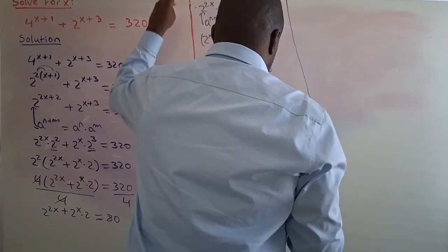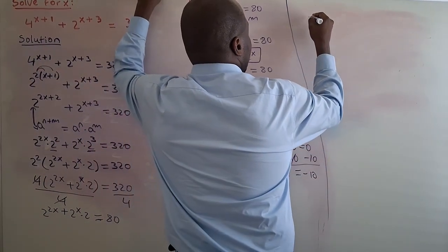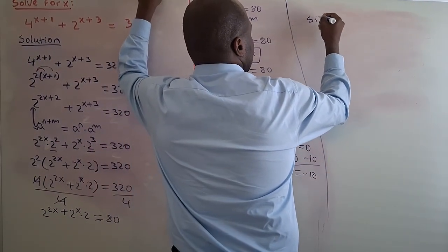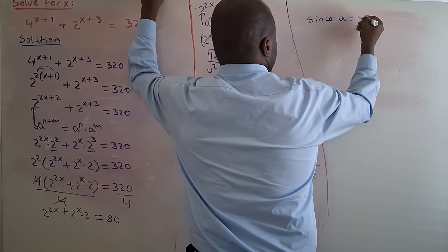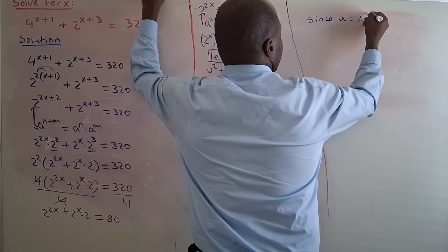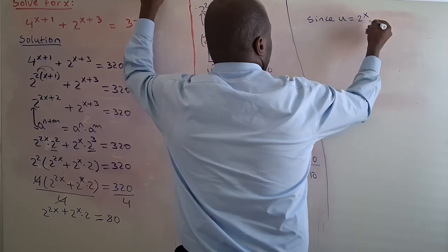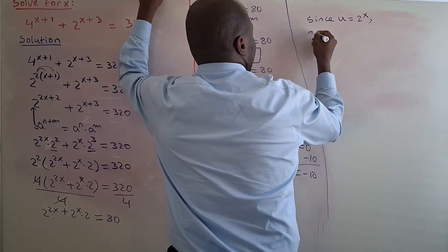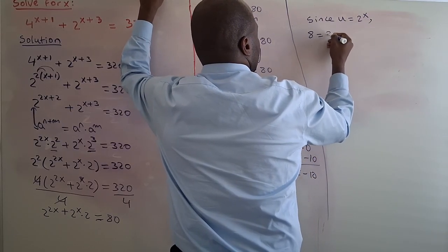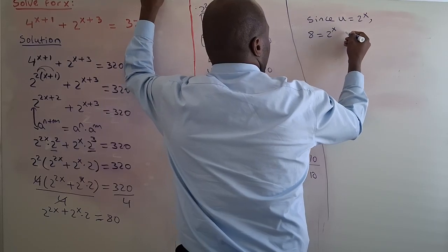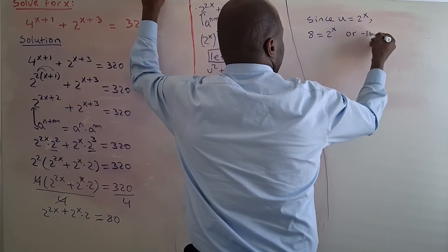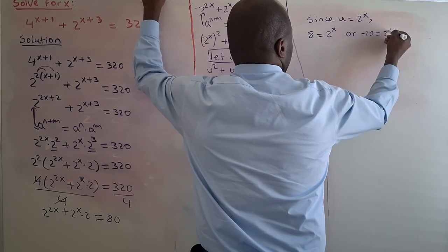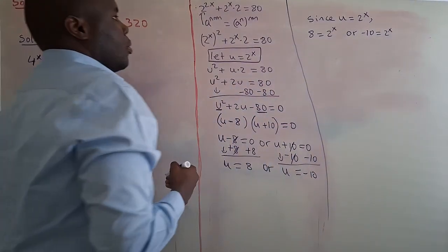So we're going to say, okay, since u equals 2 to the x power, we have 8 equals 2 to the x power, or negative 10 equals 2 to the x power.